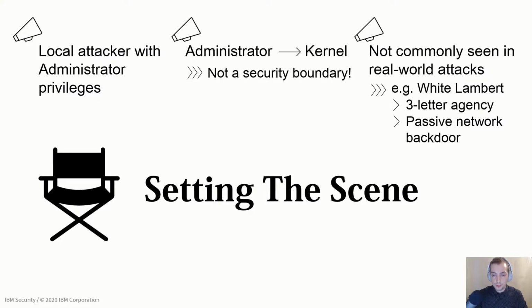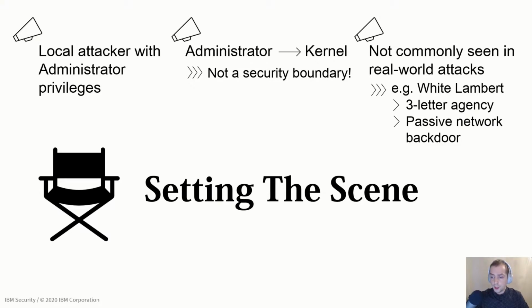If you ask Microsoft, they'll tell you it's not a security boundary. The reason for that is that as an administrator, you have all the permissions that you need in order to load a driver into the kernel. We'll see, on the next slide, why that can still be problematic, but it is not a security boundary.